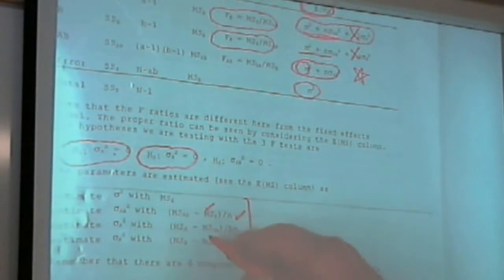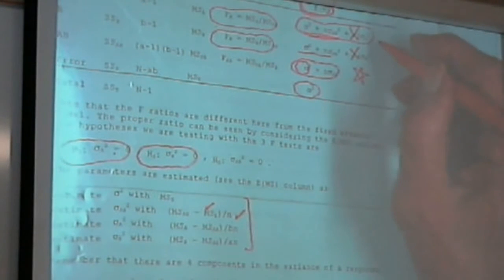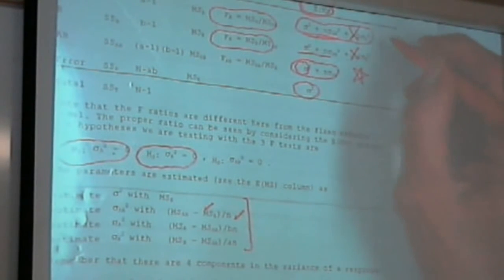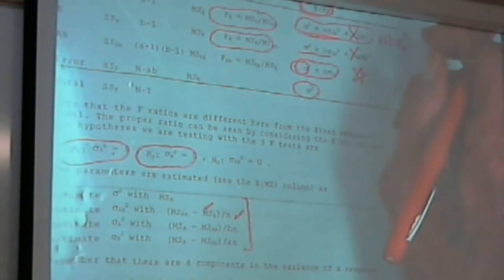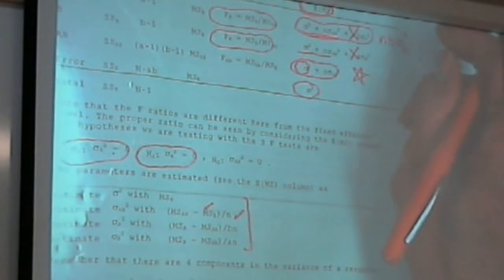Now that difference would have expectation nB sigma squared A. My lines are getting kind of tangled here. So I've got to divide by nB to correct that feature there, and so that's what we have there. And then the same kind of thinking is done for estimating sigma squared B, with that difference divided by nA. So if we wanted to just estimate parameters, these four would be our estimates from the data of those four parameters.